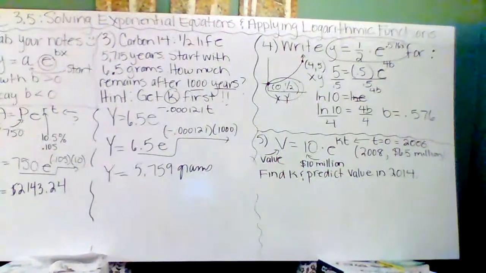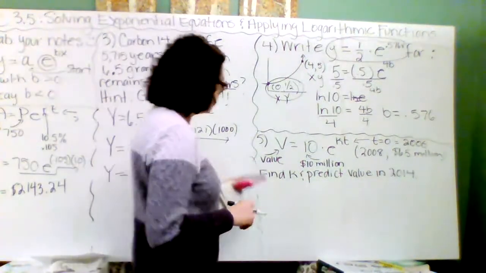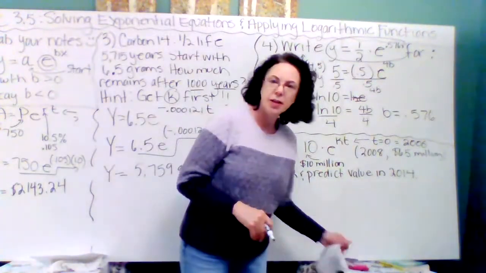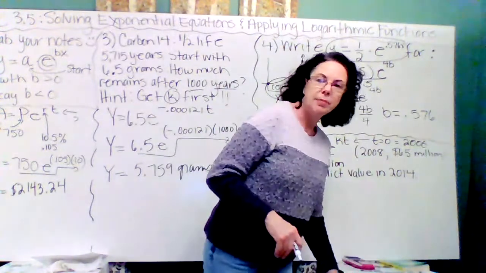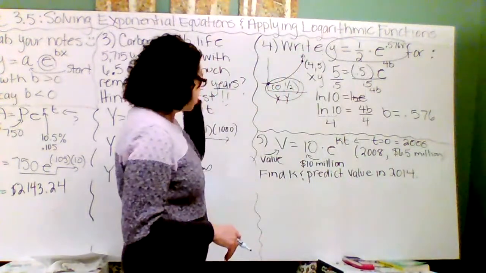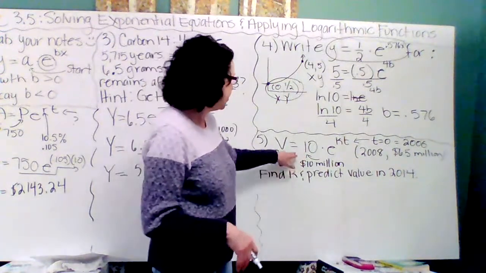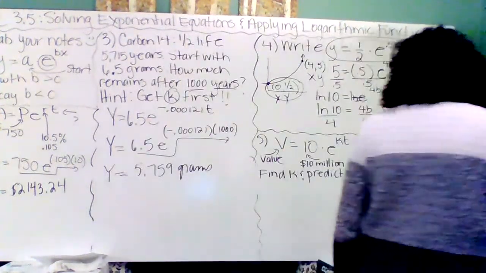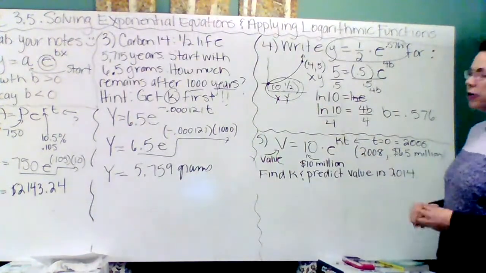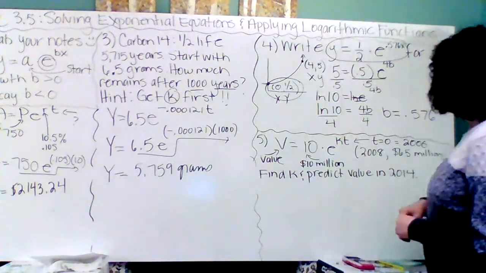Last problem, number 5. Let's say they're talking about the value of a painting. Isn't it crazy how much value can be in paintings? Let's say the starting value, this is 10, but it's in millions. 10 is $10 million, right? It's like the value of the painting is growing naturally, right?